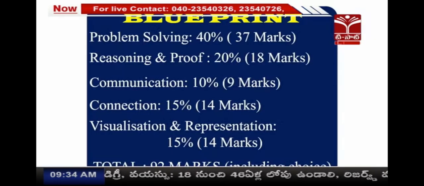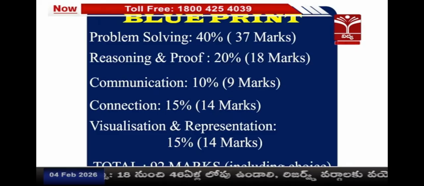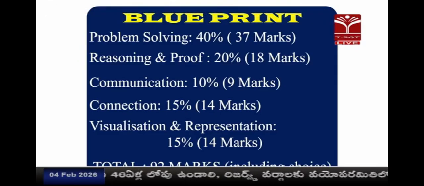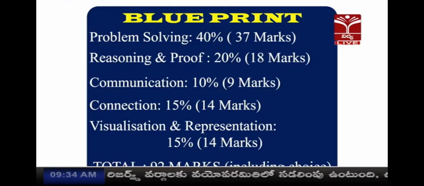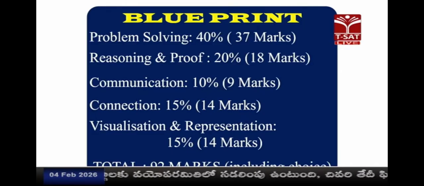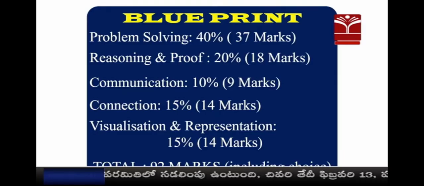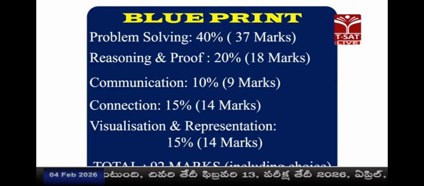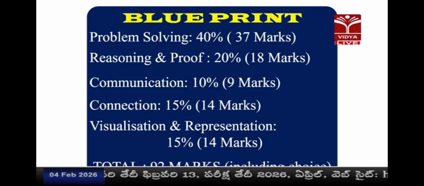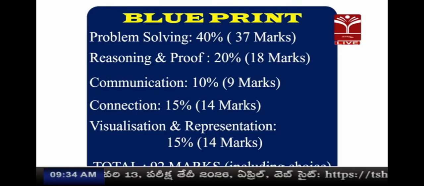Now further, if we observe, what is the blueprint for the preparation of these question papers? From problem solving, it will cover 40%, that is 37 marks will be given for problem solving, and reasoning and proof is 20%, that is 18 marks will be given for this, and for communication 10%, means 9 marks will be covered under communication.